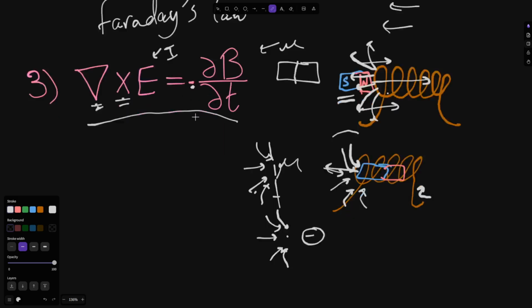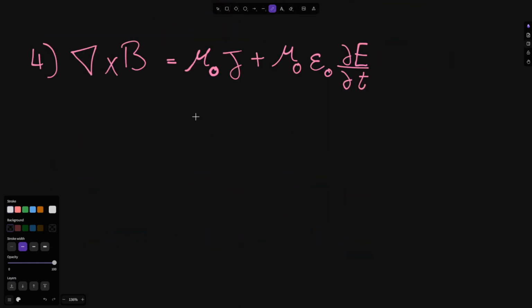So the last one is Ampere or Maxwell. This is called the Ampere-Maxwell law. Okay, this Ampere-Maxwell law, this is where Maxwell earned his place in history.